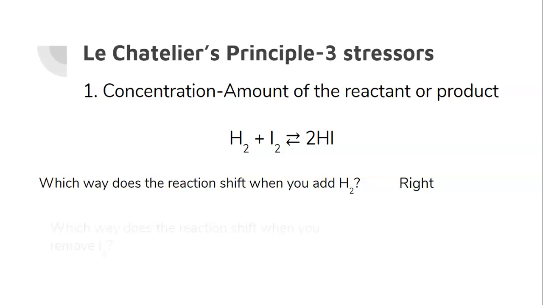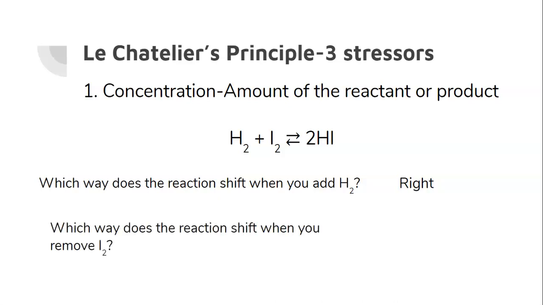Okay. If I were to remove some of that I2, my reaction is going to go, whoa, whoa, whoa, I have a gap. My product is going to start breaking down faster and it's going to shift to the left. That's what we're looking at. So we're just seeing how can I fill in that gap. Okay. So that's the first one.